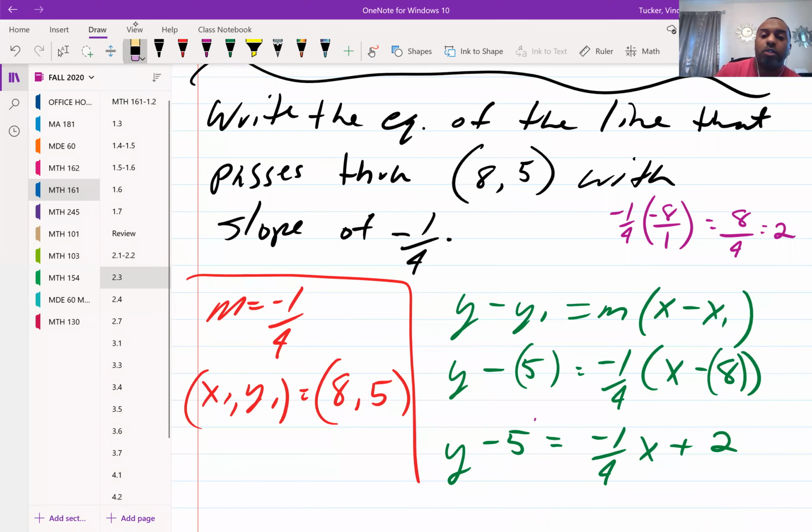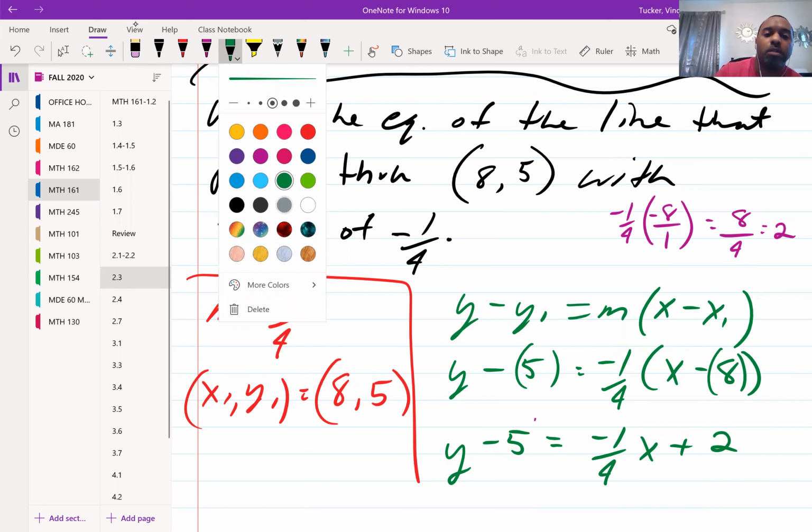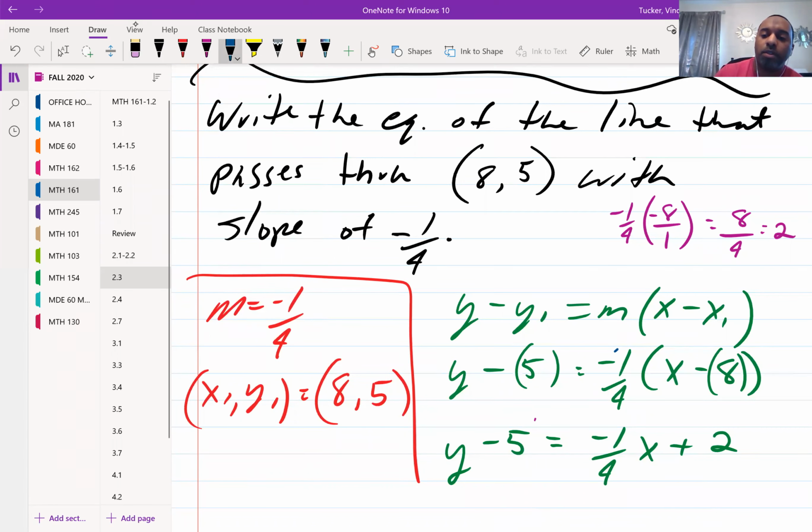All right, so plug in accordingly: 5 for y1, negative 1/4 for m, and then 8 for x1. Do your distribution of negative 1/4. You're talking about negative 1/4 times that negative 8.